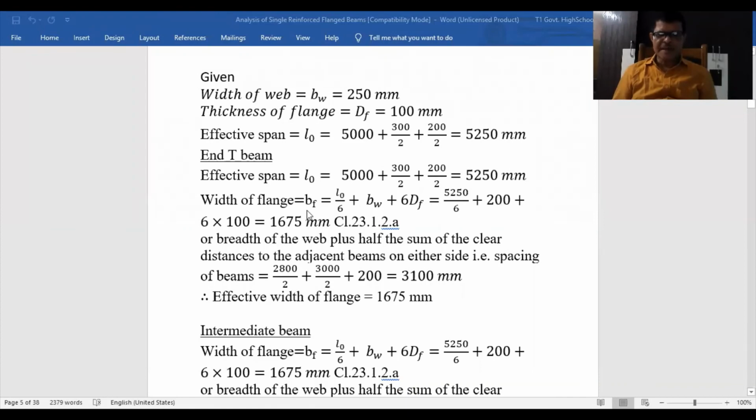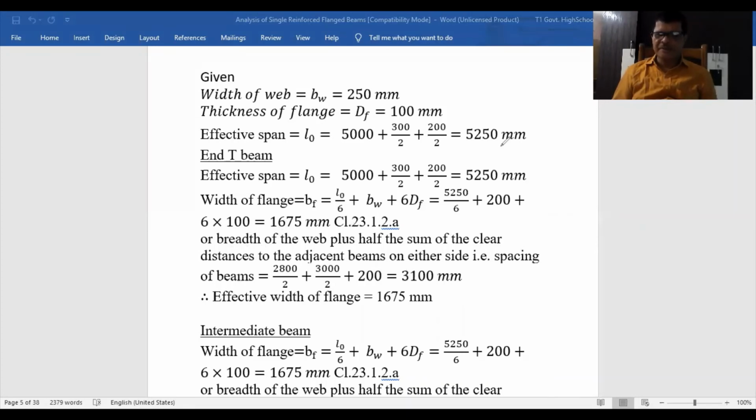Now what is the width of flange? L0 by 6 plus BW plus 6 DF. So calculate this value, which comes out to be 1675 millimeter. Now this shall not be more than the spacing of the beams. So you have the 2800 on one side and 3000 on the other side. So half of this and half of that, and in between there is a beam.